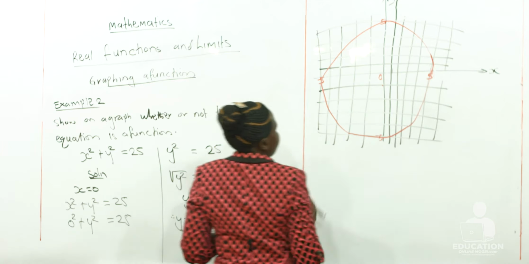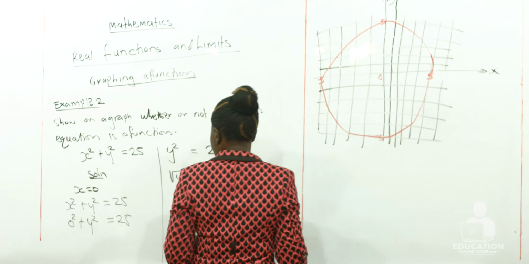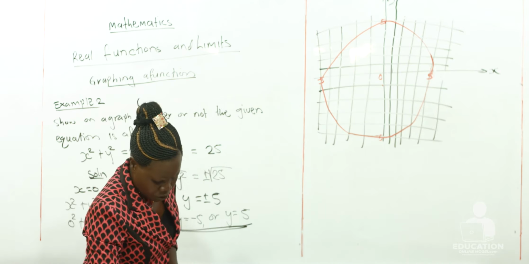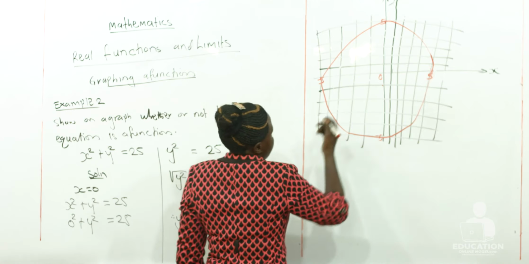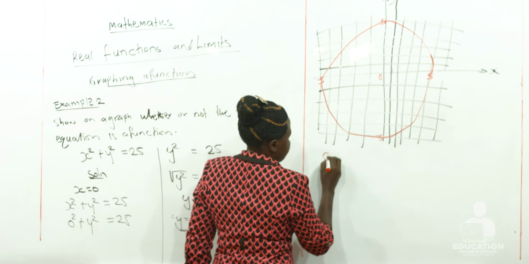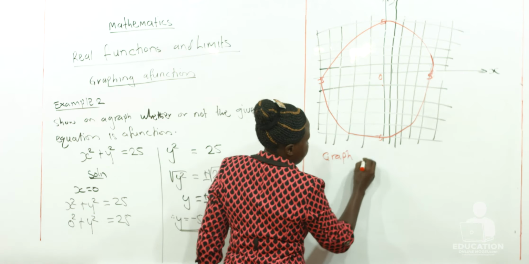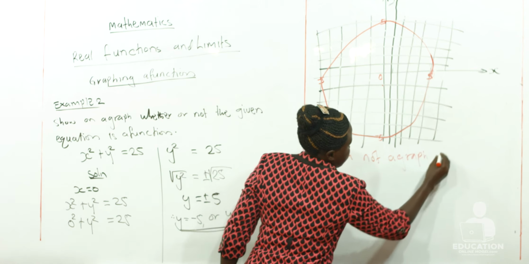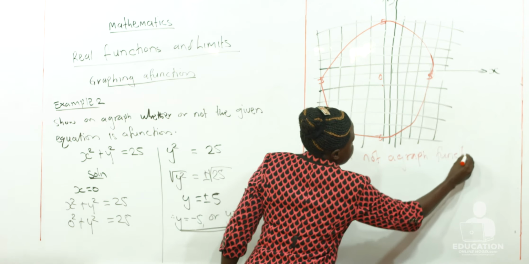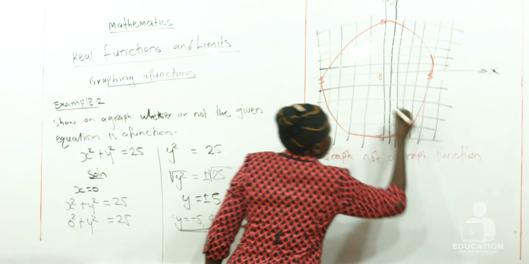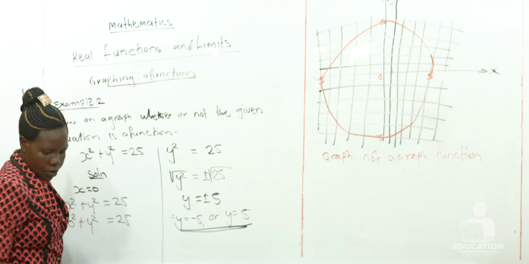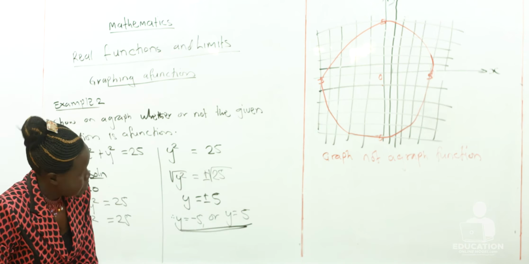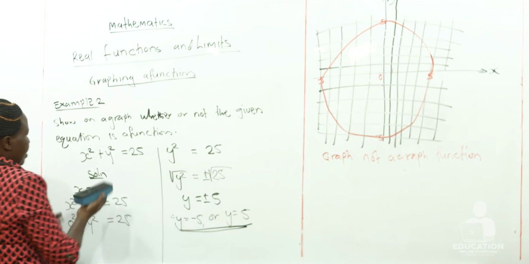So that is what we call a graph, not a graph function. So that is how you represent it on your graph. You plot the outcomes of y, and then you show them on your graph.